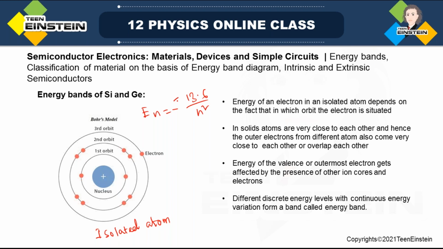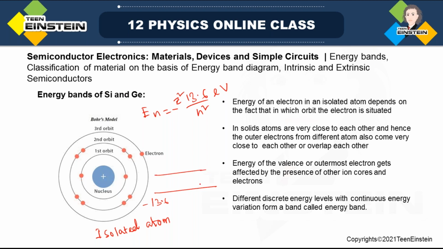If it is a hydrogen-like atom, then Z square by n square will come. This is in electron volts. And since n is a quantum number, the energies are actually discrete. So we have various energy levels, as we have seen in the chapter on atoms. We have the lowest energy like this, minus 13.6.